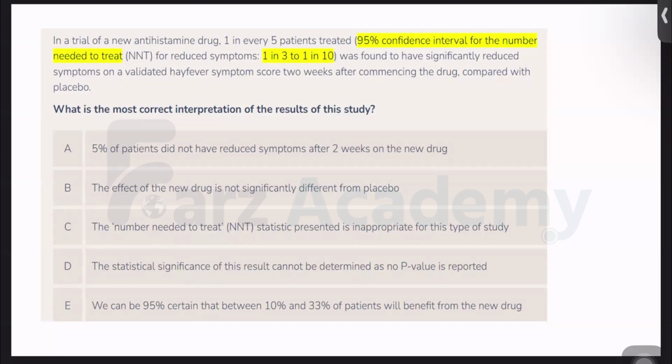That is 1 in 3 to 1 in 10. So 95% of the patients are going to have reduced symptoms. So you can be 95% sure that 10 to 33% of patients will benefit from the new drug.